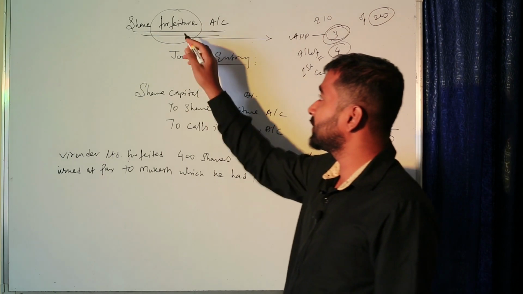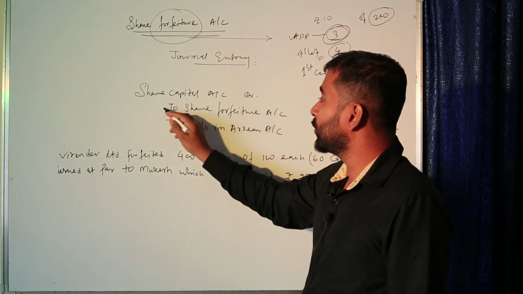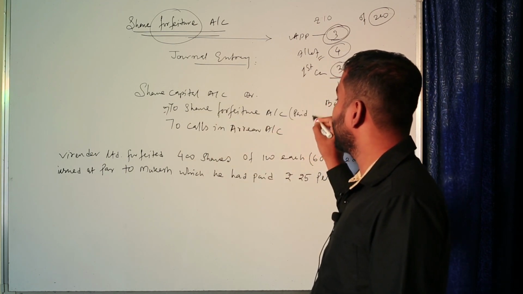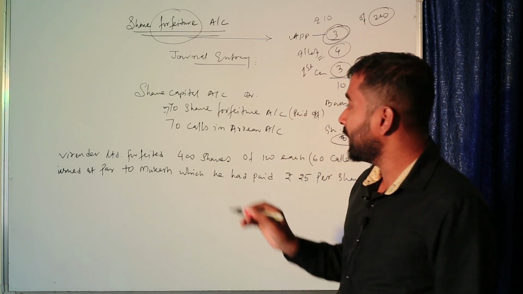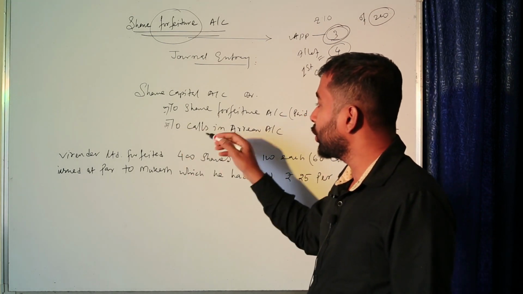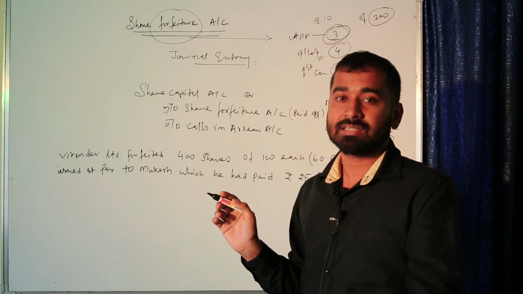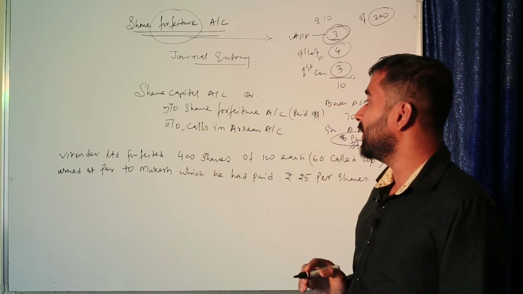So the journal entry for the forfeiture account is share capital account debit to forfeiture account. In this forfeiture account, the amount the person has paid goes, and the money the person has not paid is calls in arrear. Because of that, the company cancelled his or her shares, that amount will come here as calls in arrear.